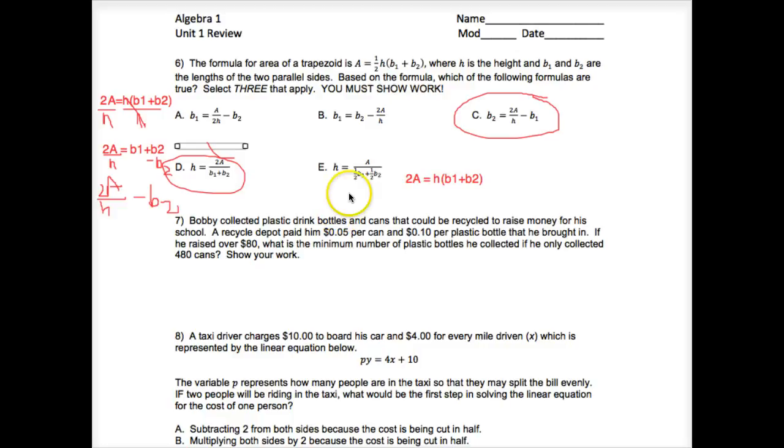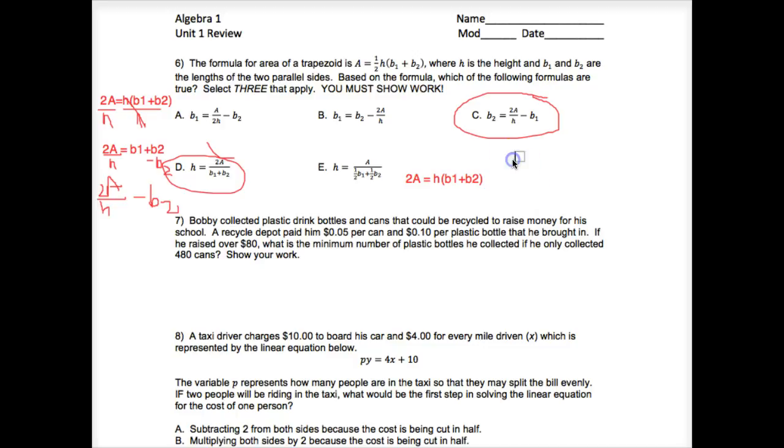Now, I need to look at E, because E is also a solution. It's just representing starting at a different place than we did here. What they did here is the first thing they did to get h alone was divide by b1 plus b2. So if you did that, your first step would look like this.